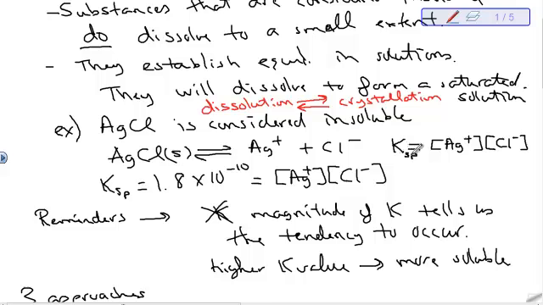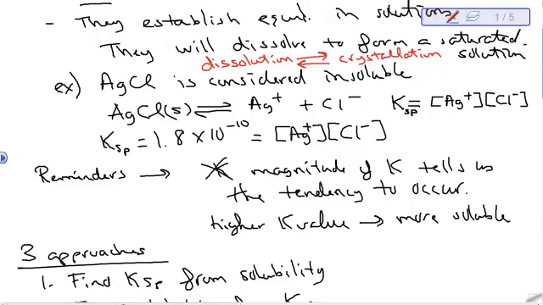We give it the subscript SP, which stands for solubility-product constant. So anytime you see that SP subscript, it's referring to a solubility-product constant, an insoluble ionic compound. And those values are published, often given in a problem. In this case, 1.8 times 10 to the negative 10th. So this relationship here is the quantitative version of the equilibrium expression for silver chloride.